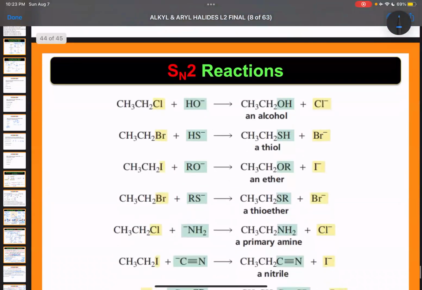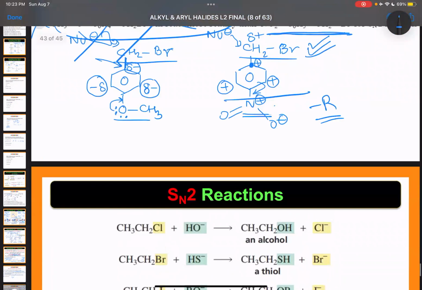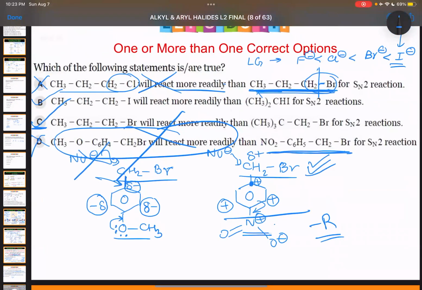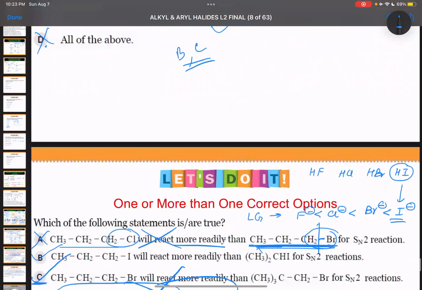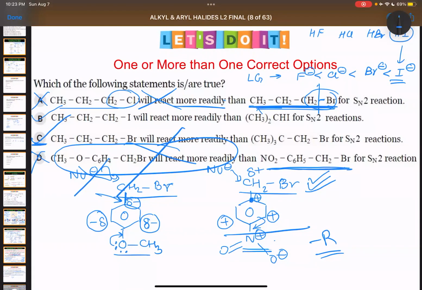So SN2 reactions, we have seen many substitution reactions, and there are two types of questions. There are questions like this one, which require a deeper understanding of the mechanism of the reaction.